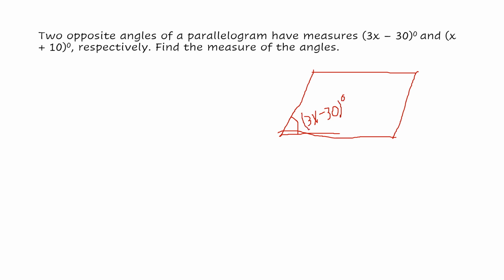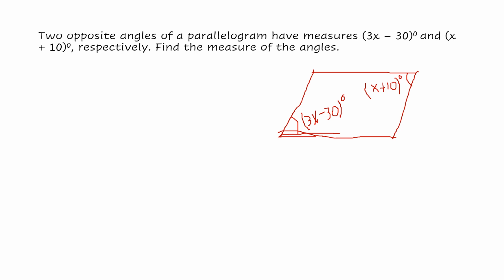And the other angle, which is opposite to the first one, let us label it as x plus 10 degrees. Now, another property of a parallelogram involving its opposite angles is that the opposite angles of a parallelogram are congruent.